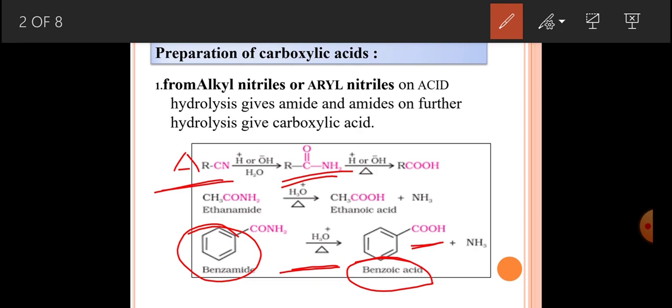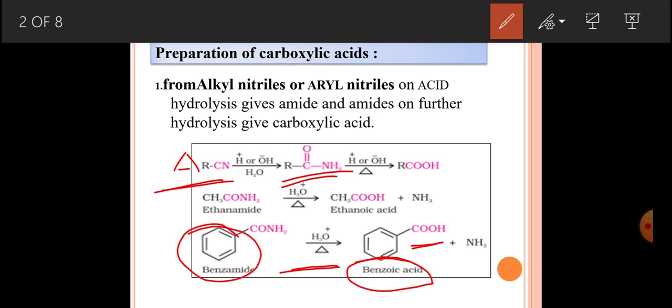Okay, so aryl nitrile or alkyl nitrile on acid hydrolysis first gives amide, and that amide on further acid hydrolysis gives you carboxylic acid.